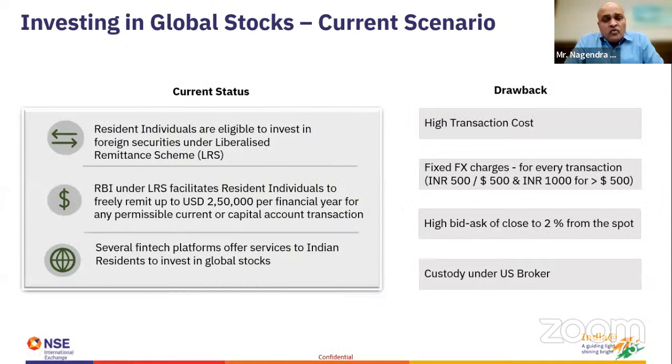So to give an overview in terms of how the market is currently structured for trading on US stocks, every Indian retail investor, as per RBI's liberalized remittance scheme is concerned, they are eligible to transfer $250,000 every year to invest outside.